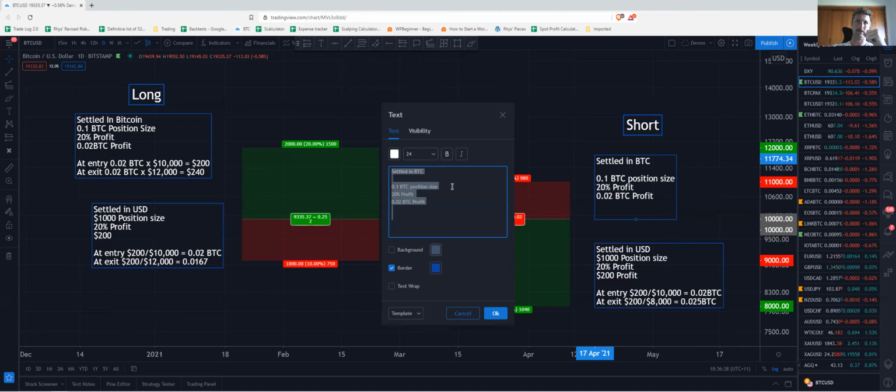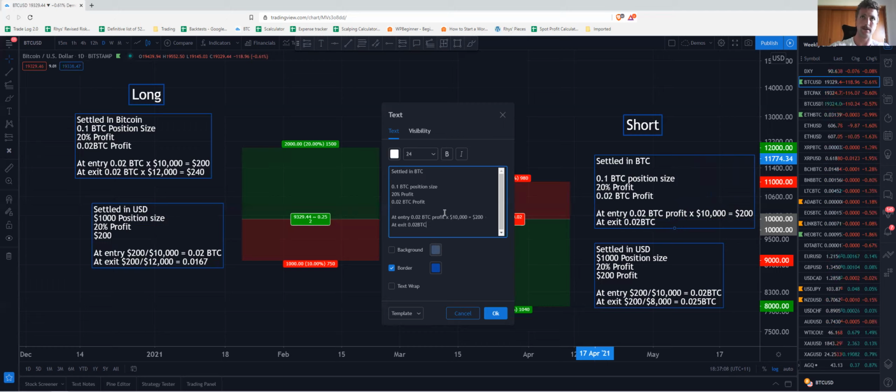Whereas if we traded that settled in Bitcoin, we would have at entry our 0.02 BTC profit times the $10,000 BTC was worth, gives us $200 profit. But at exit, that same 0.02 BTC times the now $8,000 BTC value is only equal to $160, right?